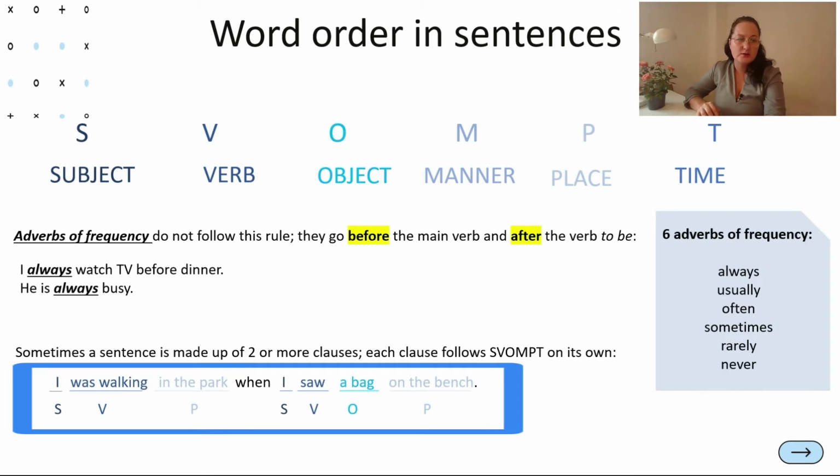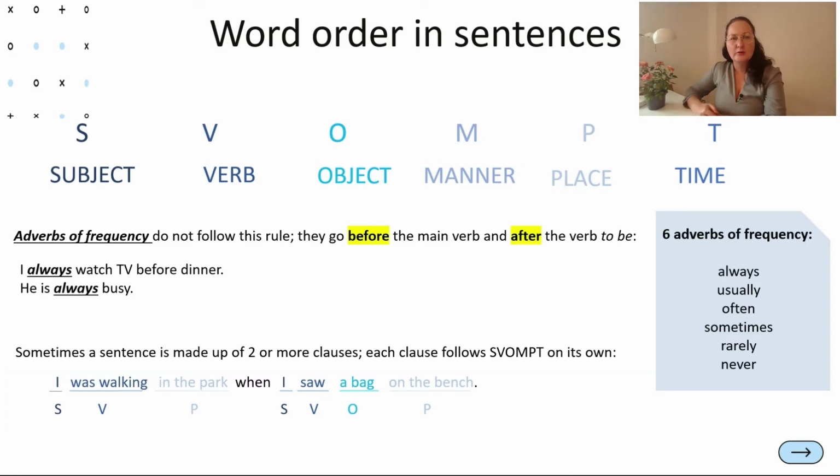In the first clause you have subject I, verb was walking, place in the park. And in the second clause you have I subject, saw verb, a bag object, on the bench place. When is a separate piece of the sentence which doesn't go to any of the pieces of the SVOMPT pattern, because it is just a word which is used to connect 2 small clauses in a bigger sentence.